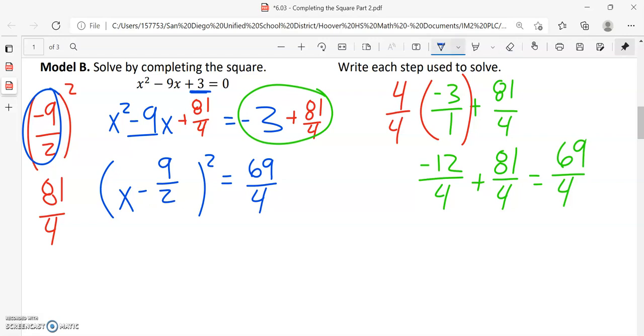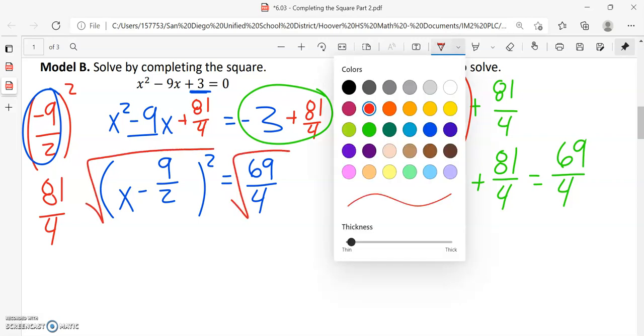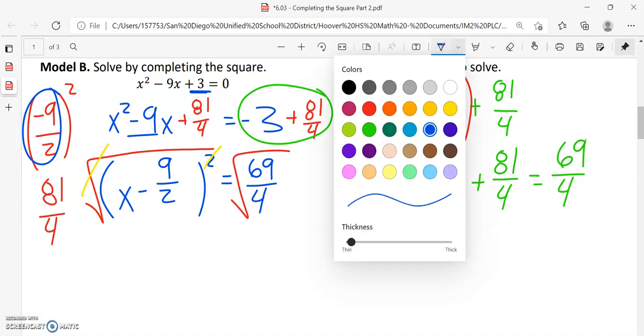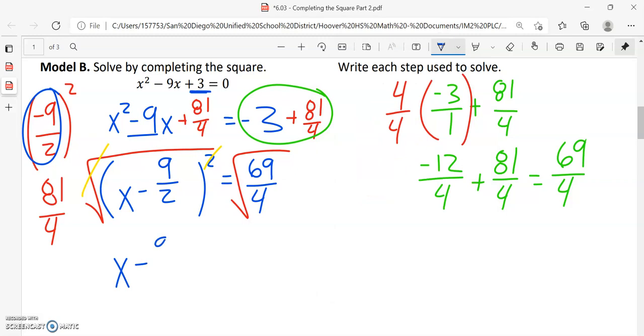And now we solve for our x. Square root both sides. Square root gone, squared gone. X minus 9 halves equals plus and minus our square root. Well, the square root of 69 is a decimal, so we're going to leave that like that.